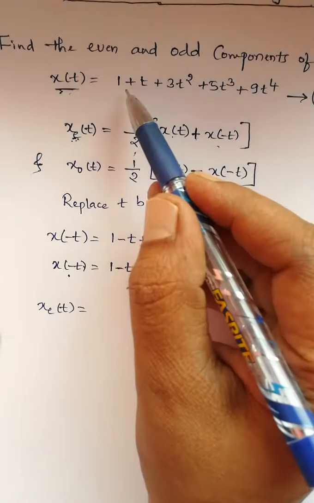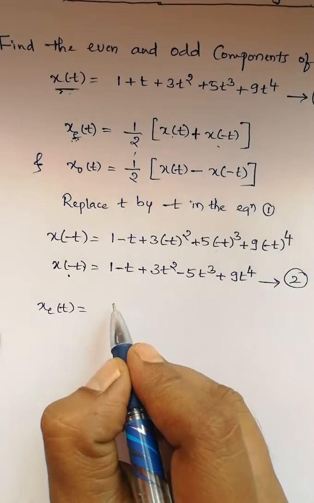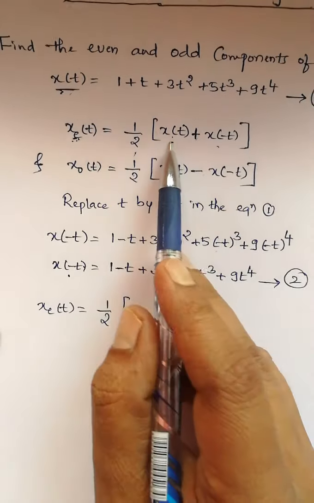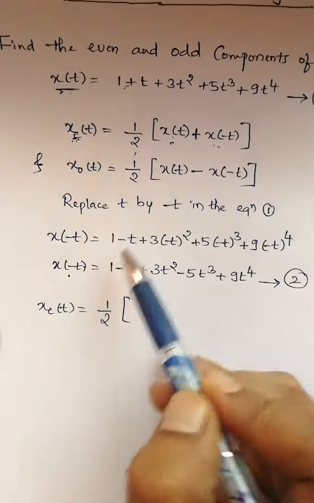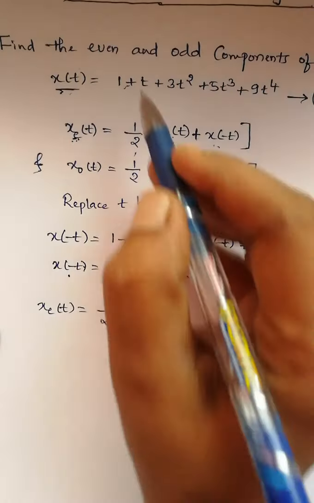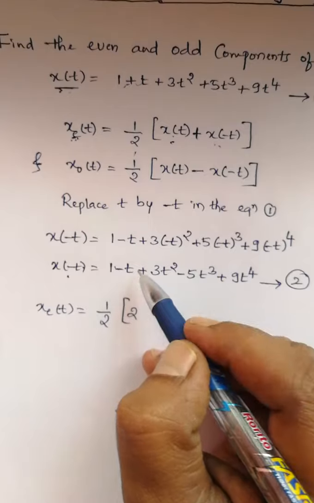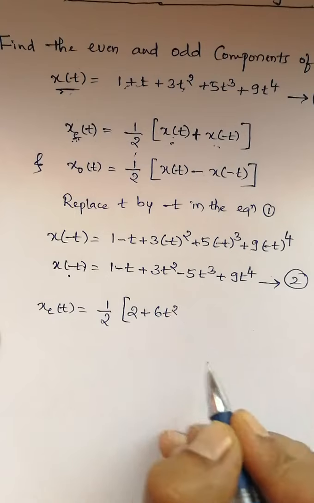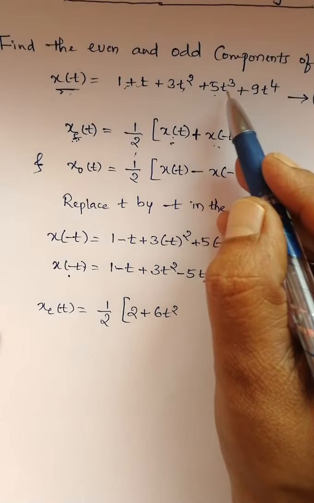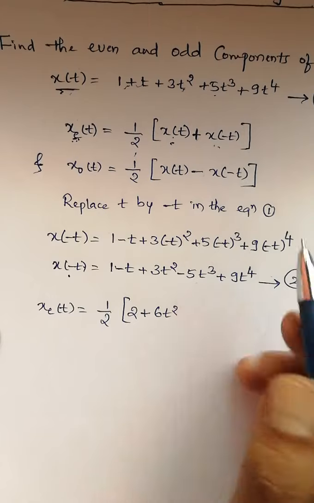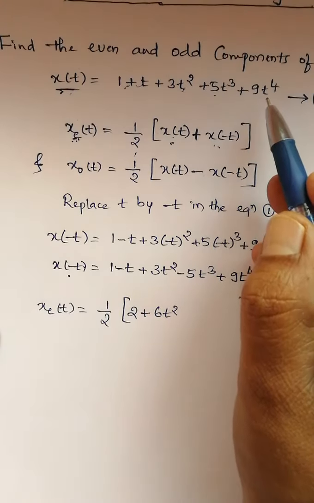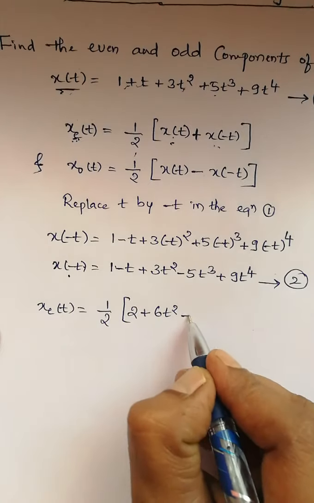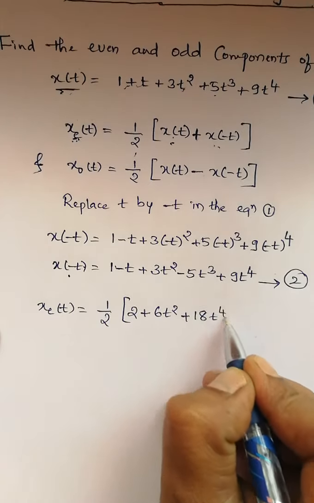So 1 plus 1 becomes 2. t plus minus t cancels. 3t square plus 3t square becomes 6t square. 5t cube minus 5t cube cancels. 9t to the power 4 plus 9t to the power 4 becomes 18t to the power 4.